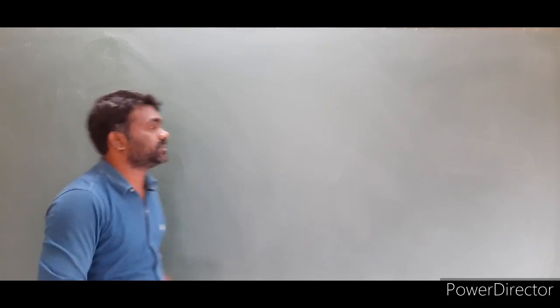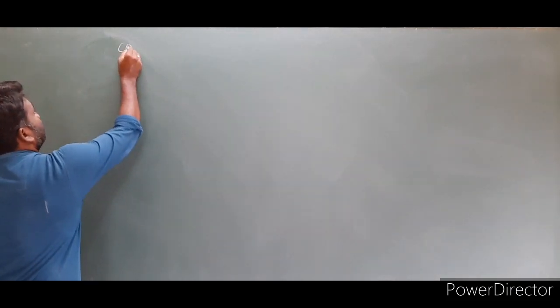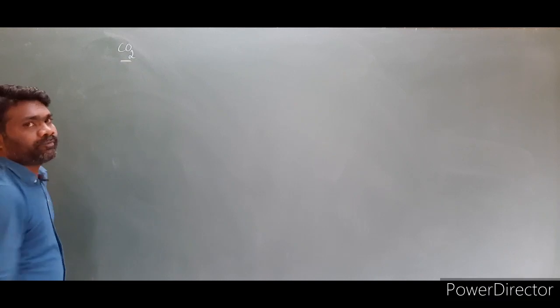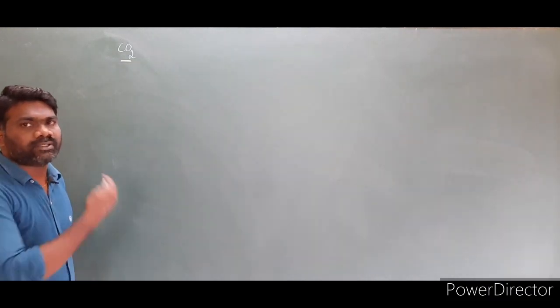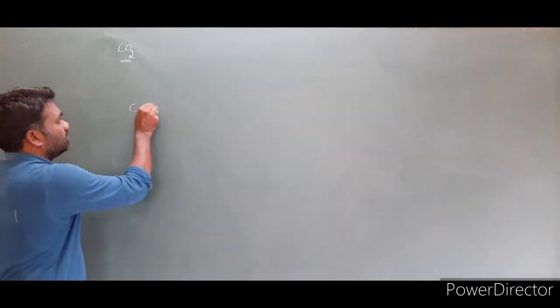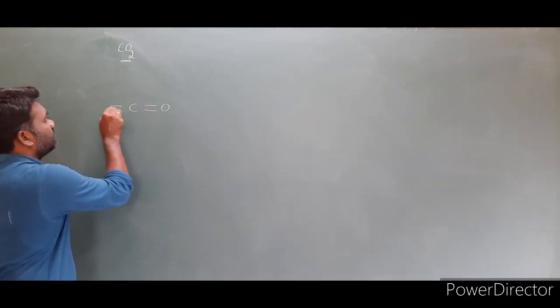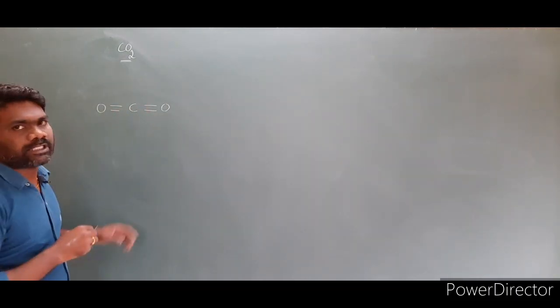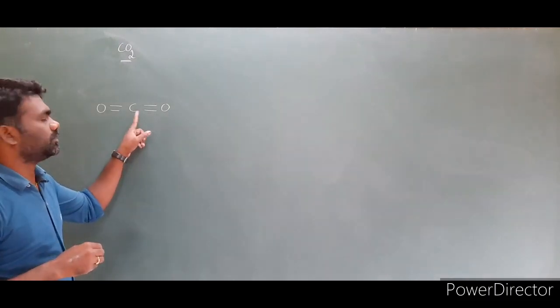Now I am taking another textbook example for resonance. The molecule is carbon dioxide, CO2. First we draw the Lewis structure for CO2. Carbon is at the center, bonded to 2 oxygens with double bonds. Then we satisfy the octet for each atom.